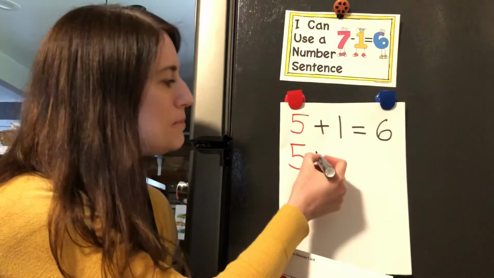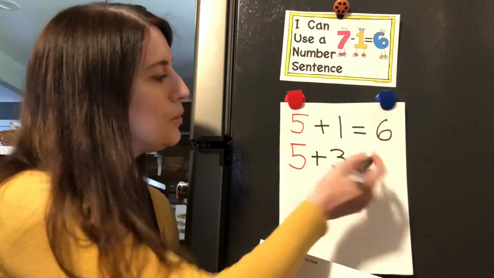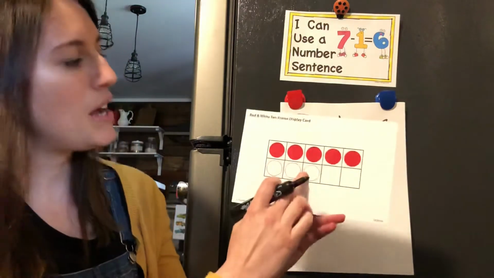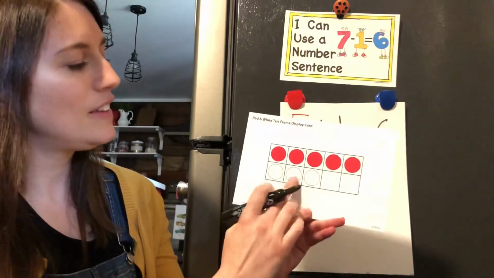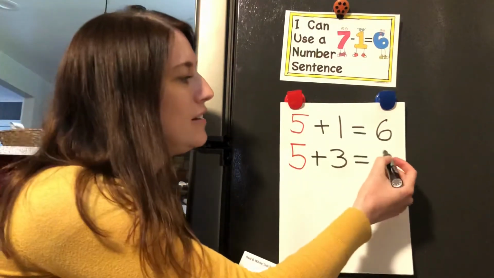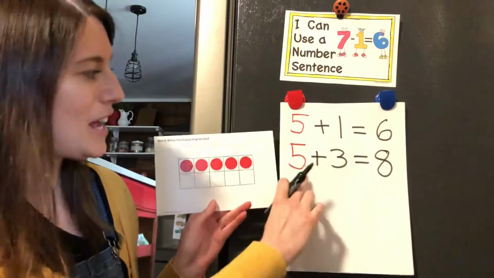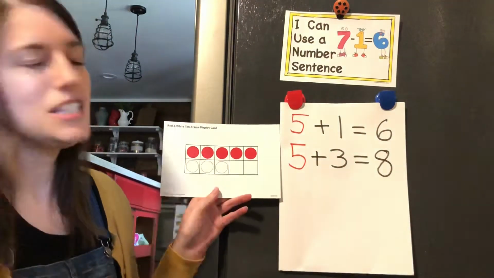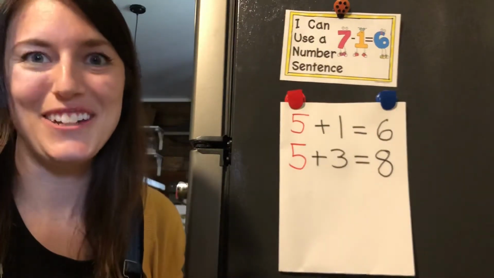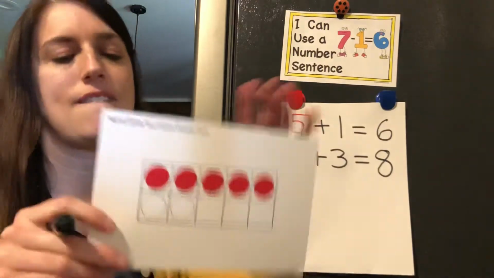So I'm going to write plus 3 equals 5, and 3 more makes 5, 6, 7, 8. 8. So I'm going to write 8 right there. Okay, that equation matches this 10 frame. Okay. Let's try another one. Ooh, I got a good one.